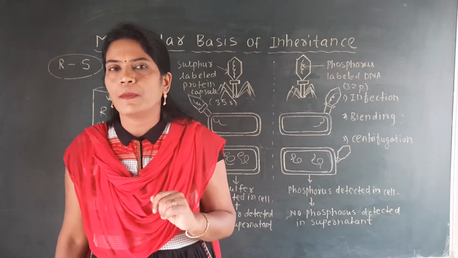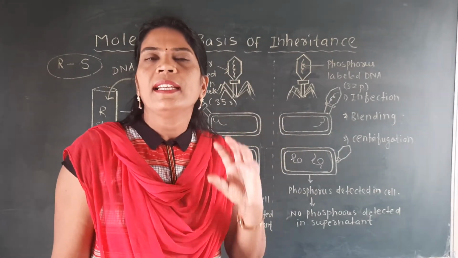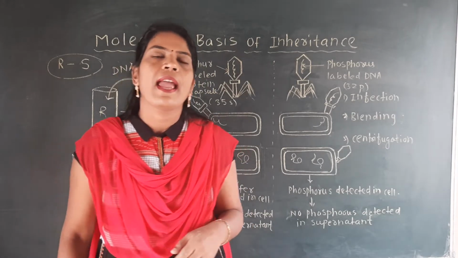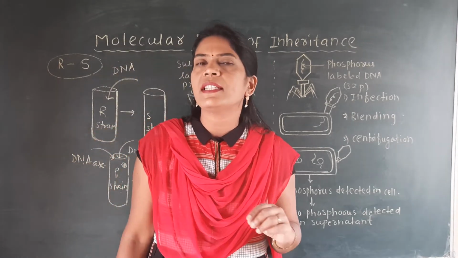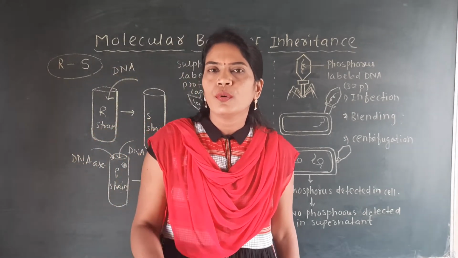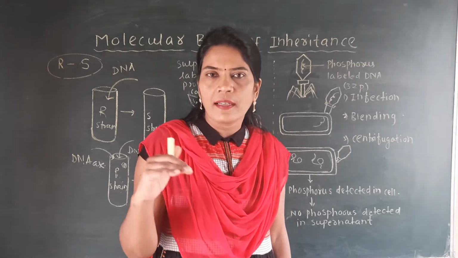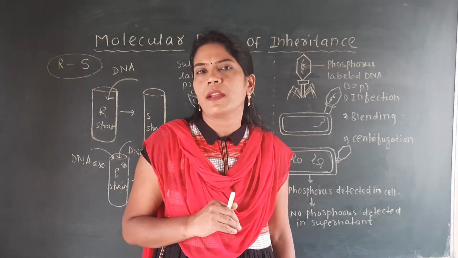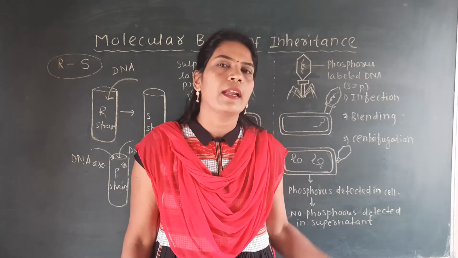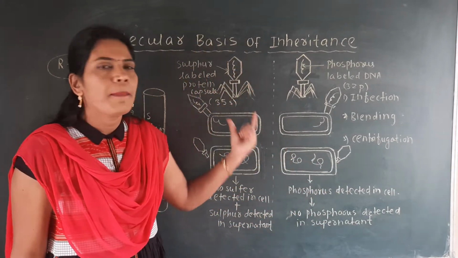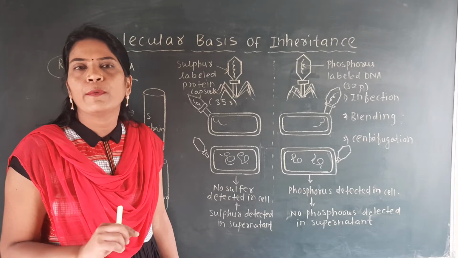So the third experiment which proved that DNA is the genetic material was done by the scientists Hershey and Chase. The last experiment under the title DNA as a genetic material is the Hershey and Chase experiment. Now we are going to study by this diagram. The second experiment, the Avery, MacLeod and McCarty experiment, we have completed.